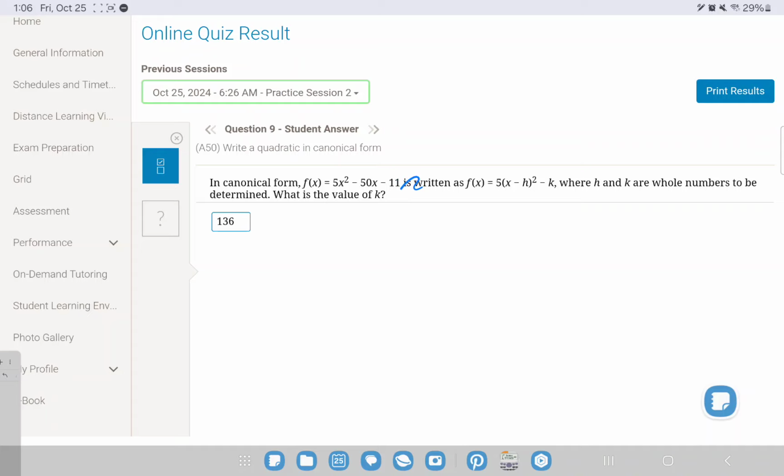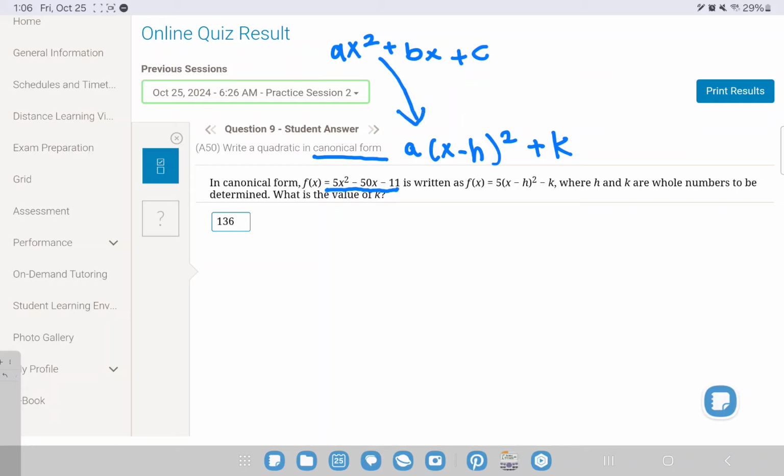When you see a formula that looks like ax squared plus bx plus c, you need to turn it into canonical form. Canonical form, which is this, is the way that I just showed you. A into x minus h squared plus k. You want to transform from this form to this form. How do you do that? It's really simple. You need to memorize this.